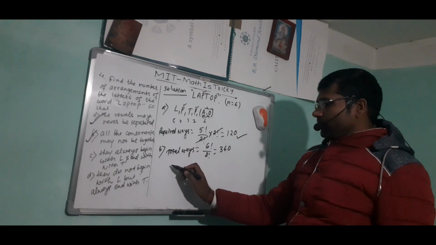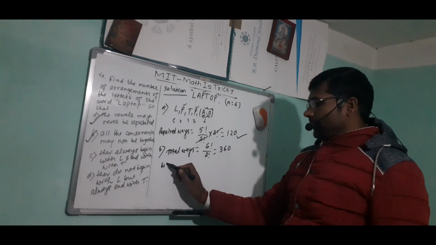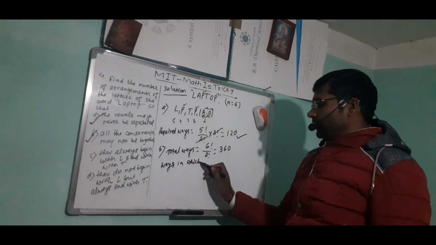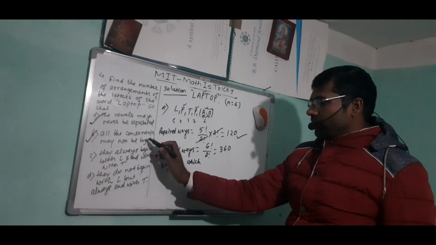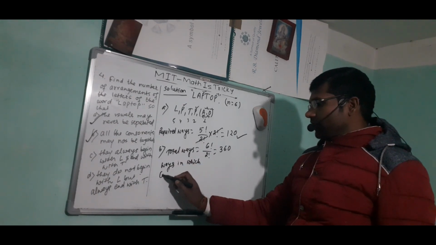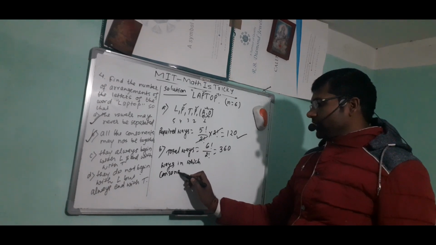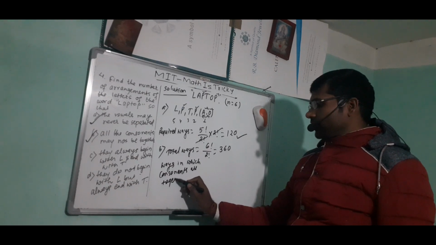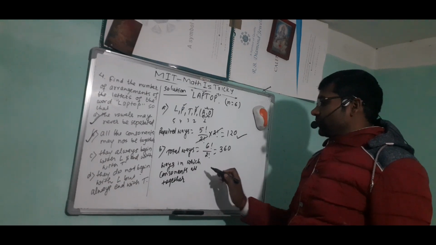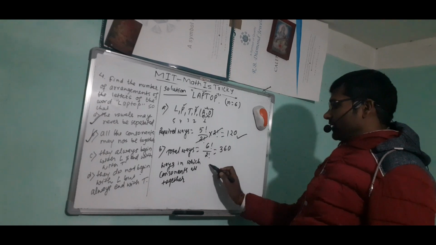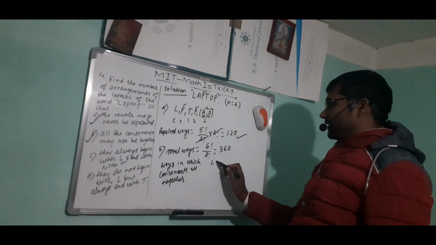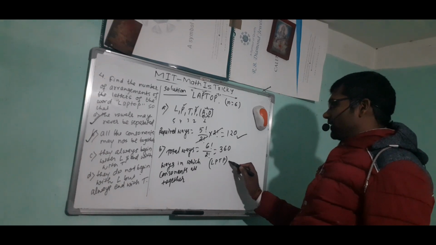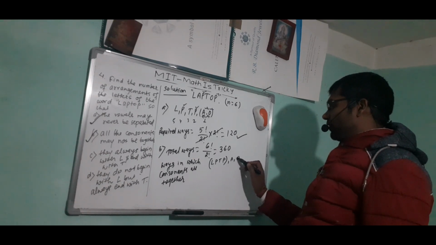Okay, so now the ways in which consonants are together. It will be simply, consonants are together means we can write L, P, T, P as one block, and then only A and O will be there.